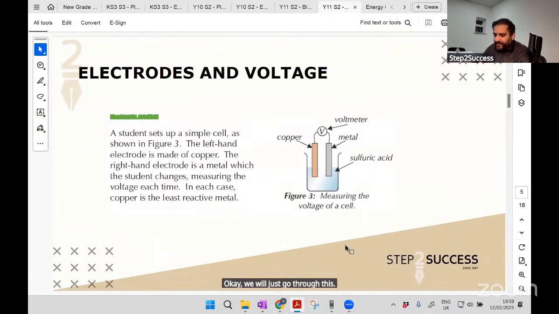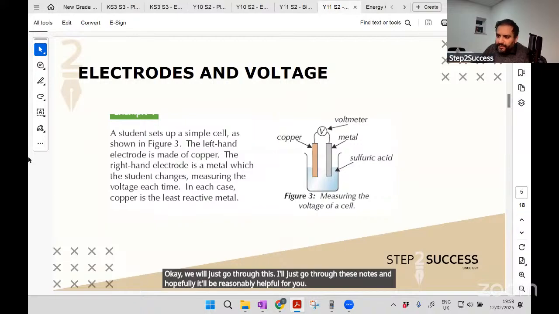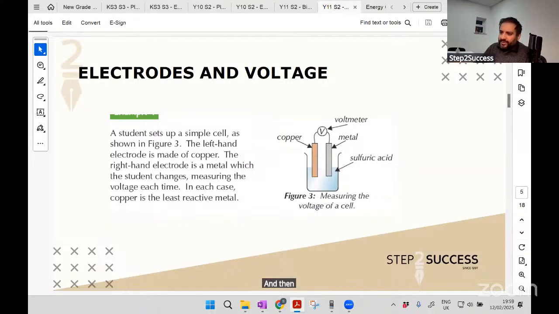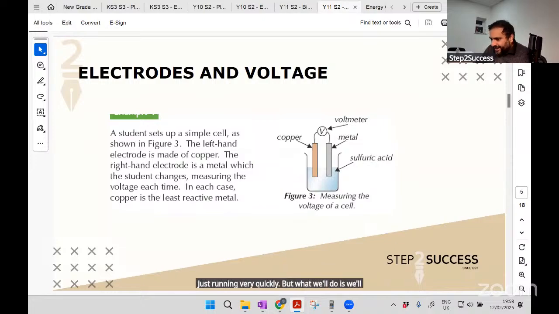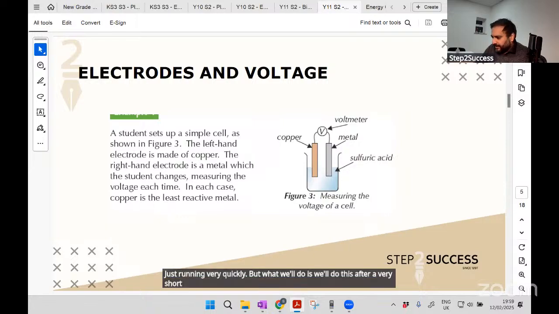I'll just go through these notes and hopefully it'll be reasonably helpful for you. And then we'll recap, just do a chemistry paper 1 at random, very quickly. But what we'll do is we'll do this after a very short break. So I'll just take 5 minutes there to lock up properly. So I'll be back in 5 minutes.